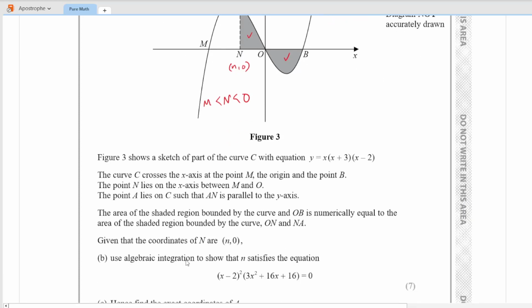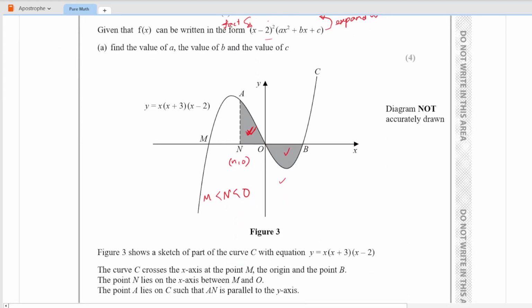Use algebraic integration to show that n satisfies the equation this. So basically n satisfies this equation, meaning we have to start here. The only place we will get n is when we do integration of this part. So we have to do the integration of this part and somehow get to this equation.